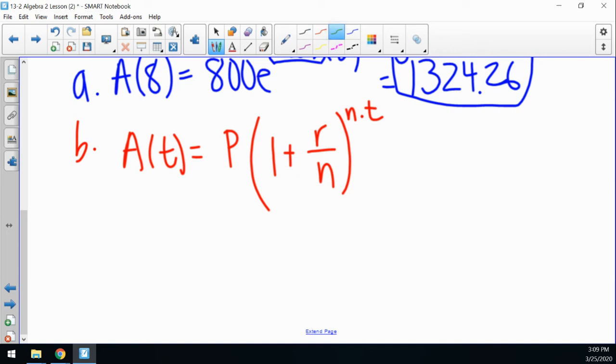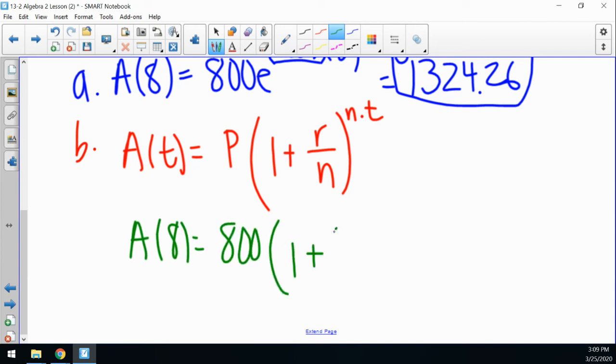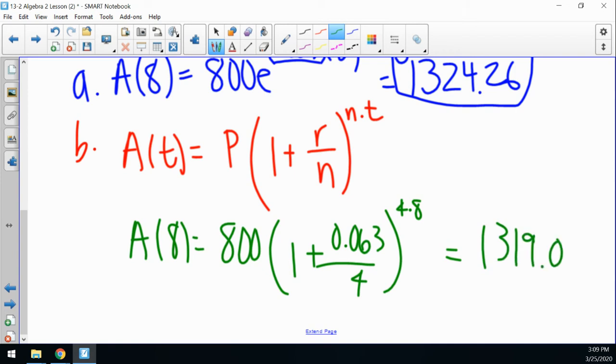So for us, A of 8 is equal to 800 times 1 plus 0.063 over 4, to the 4 times 8 power. When I put this in my calculator, I end up getting 1,319.07. So you'll see which one yields more money.